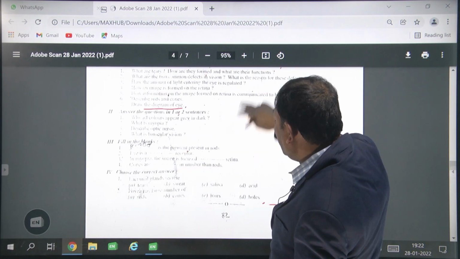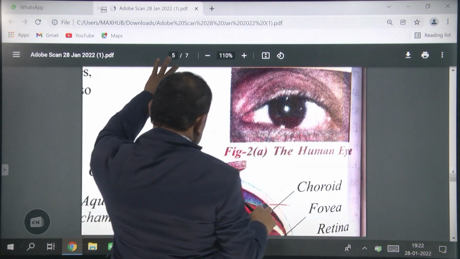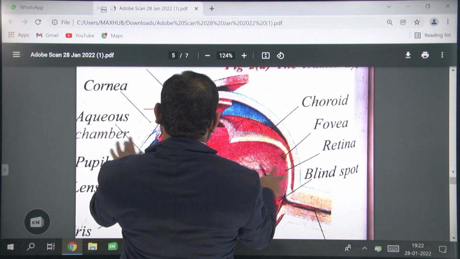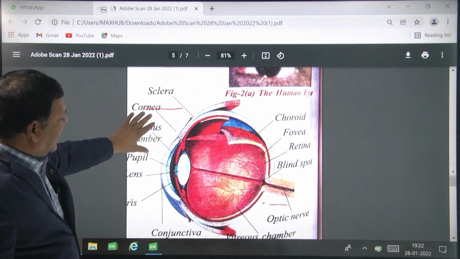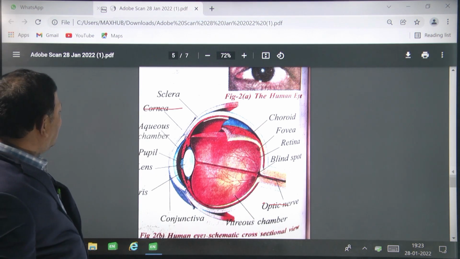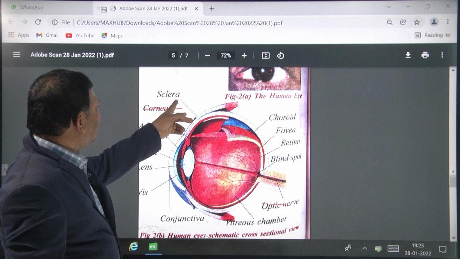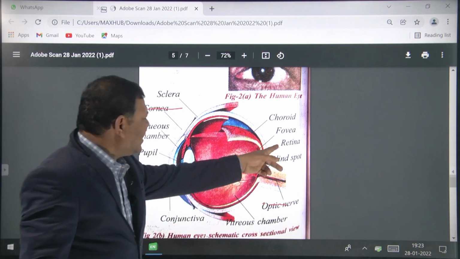Okay, here you can see in your textbook, this is the diagram according to your textbook. First one is the sclerotic layer, second one is the choroid layer, third one is the retina.